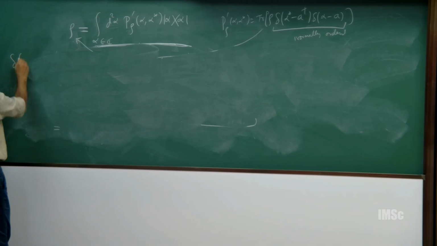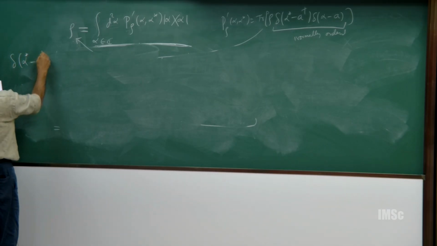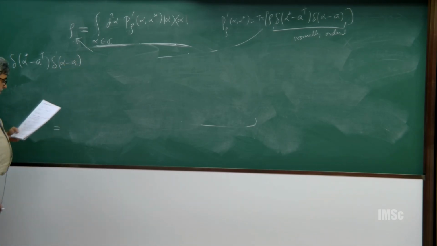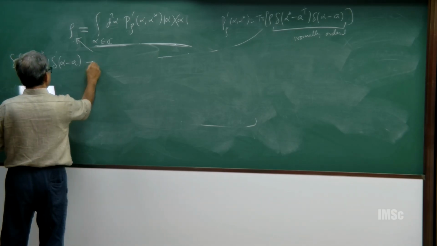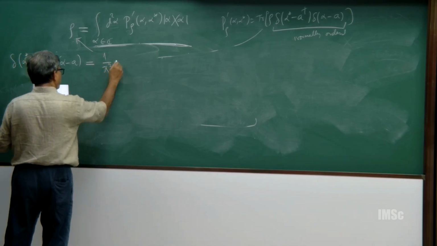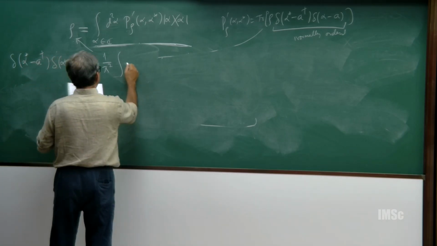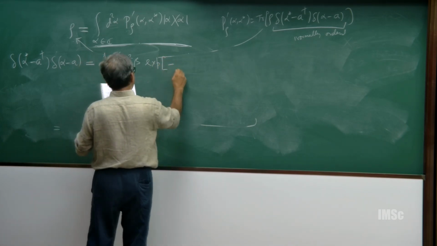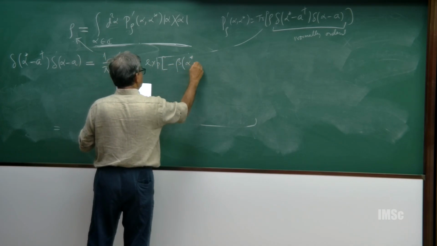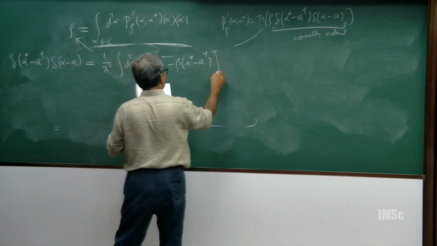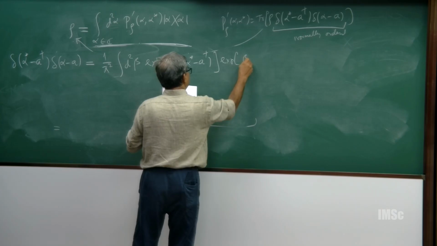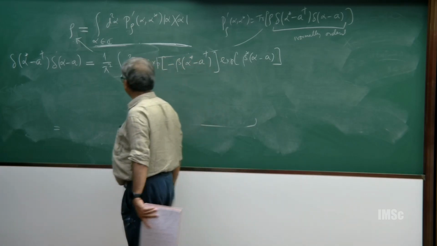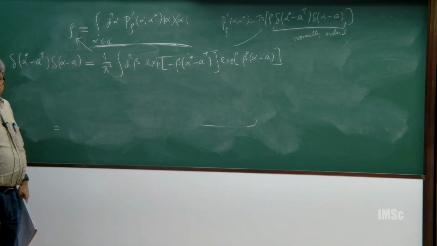So this operator, delta of alpha star minus a dagger times delta of alpha minus a, you can show that this is equal to 1 by pi squared integral d square beta, exponential of minus beta times alpha star minus a dagger, exponential of beta star times alpha minus a.